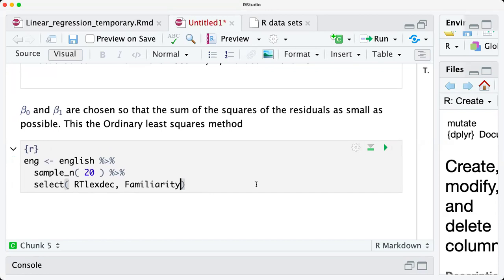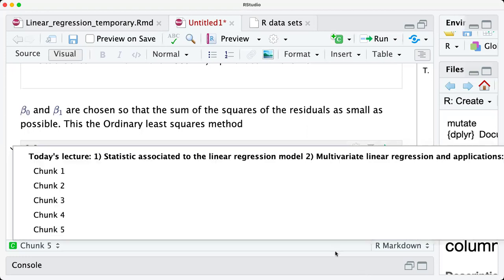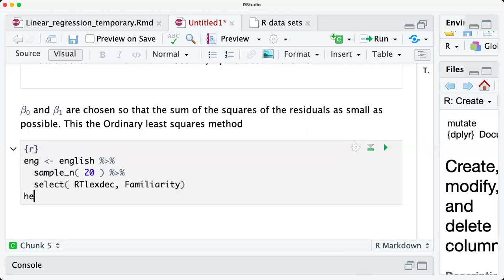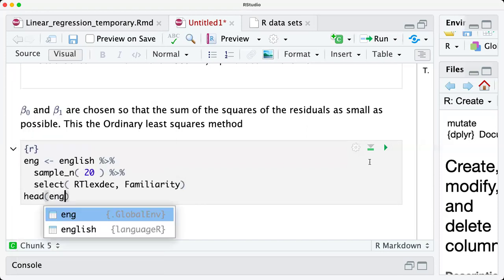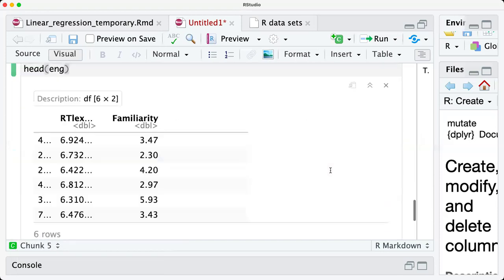So let's take whatever line. First, let's plot this variable that we just defined. You see that we did not make any error.